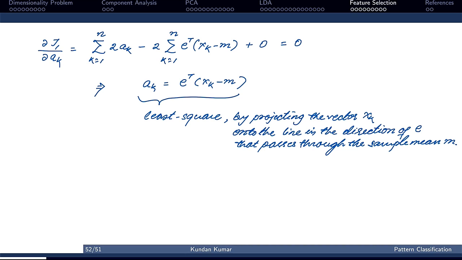Okay. So now let us put this value in the previous expression. So what will be the expression?